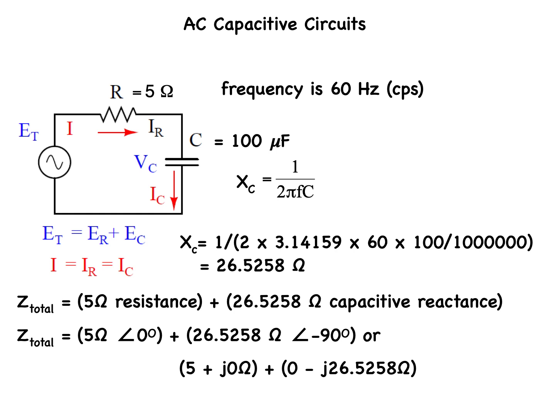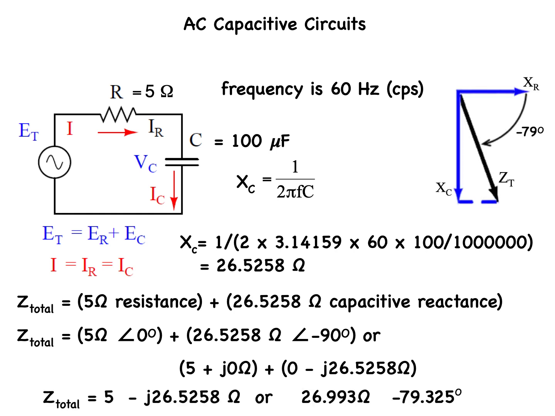Or in rectangular form, it's 5 plus J0 plus 0 minus J26.5258, which is easier to add than the polar form. And that would give us 5 minus J26.5258, or 26.993 at minus 79.325 degrees.